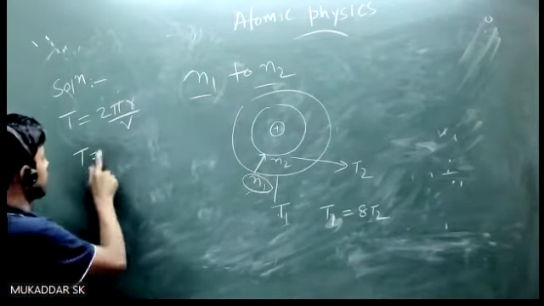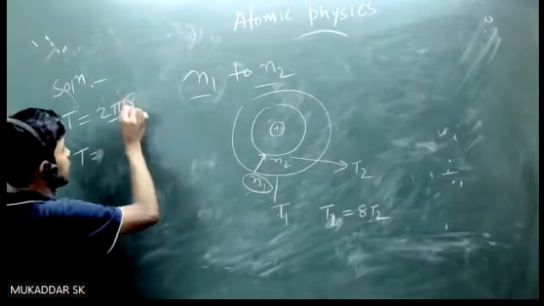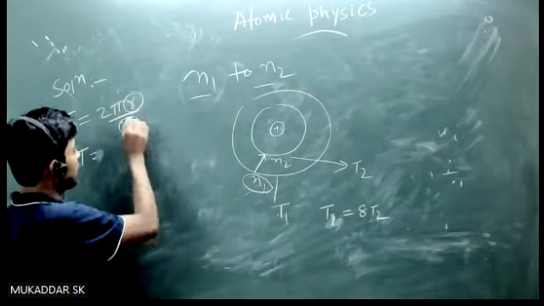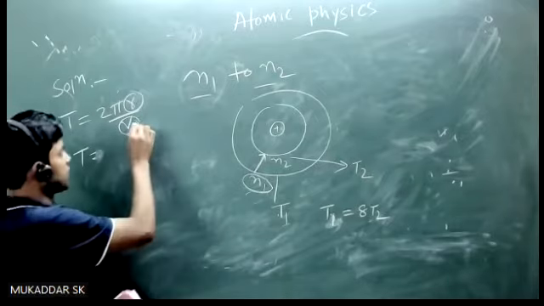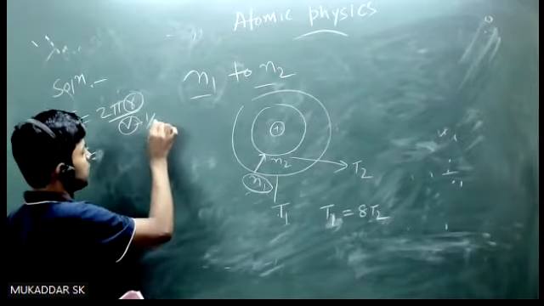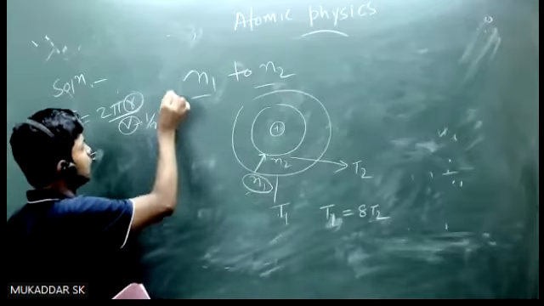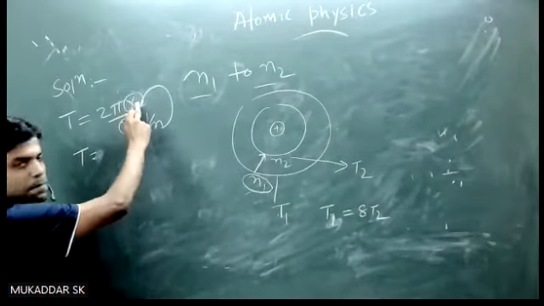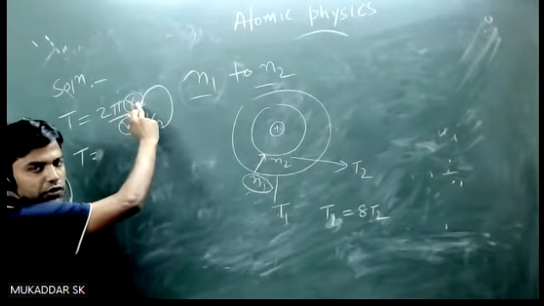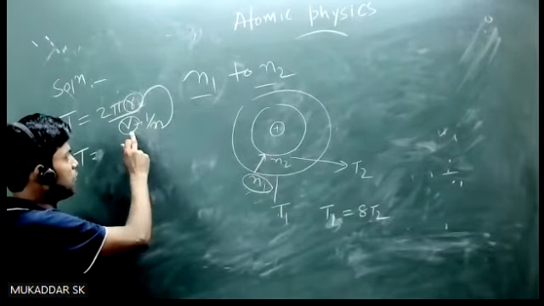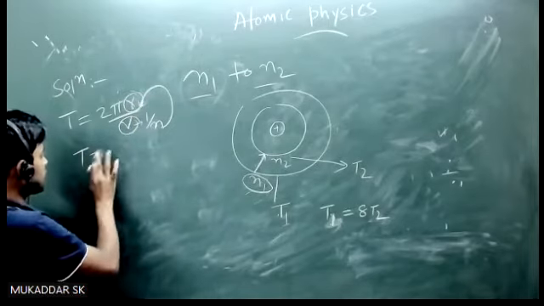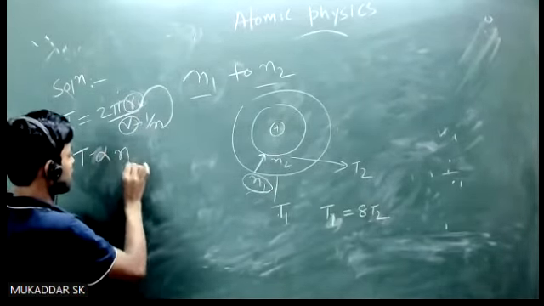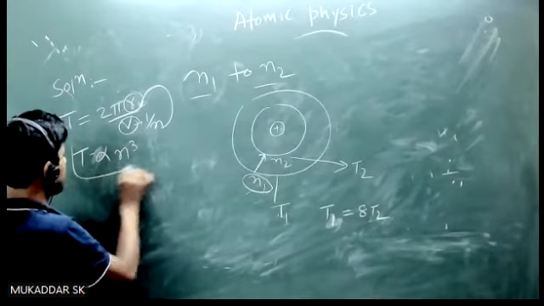So from r you get a contribution of n square, and from v you get a contribution of 1 by n, which moves n to the numerator. So the relation between time period and principal quantum number is T proportional to n cube.